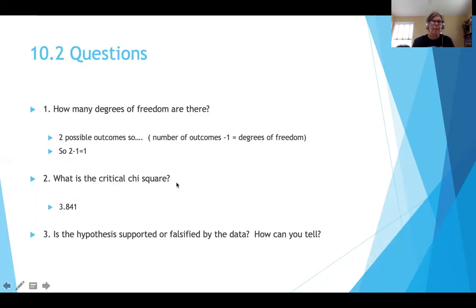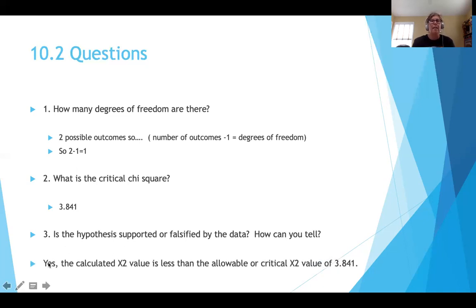All right, so that's my critical chi-square value or allowable chi-square value, okay? Critical meaning if we go above this, our hypothesis is null.